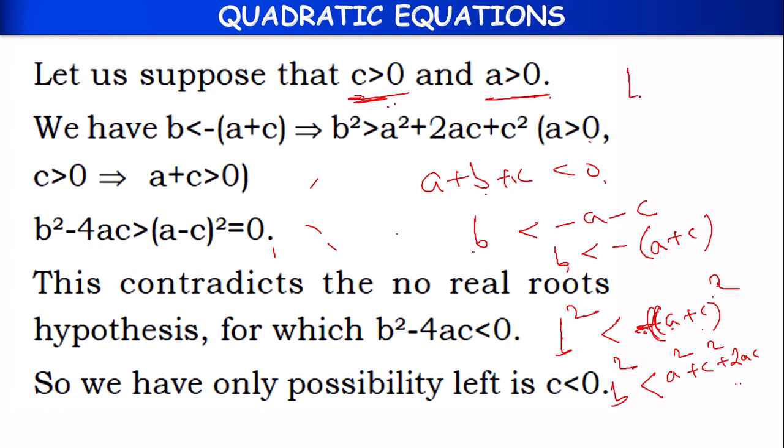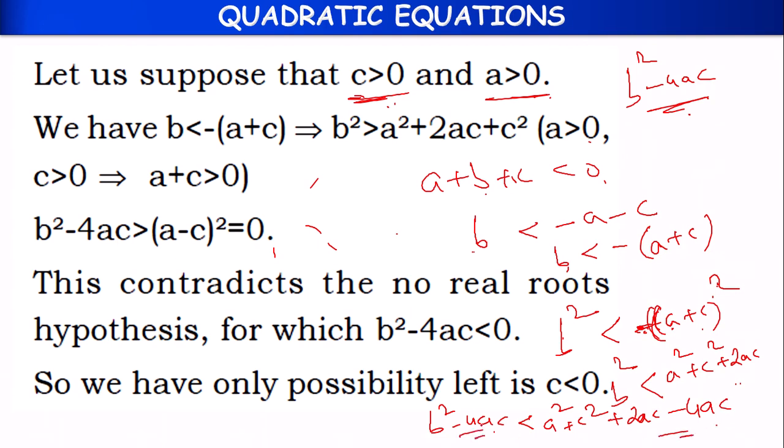Our discriminant is B square minus 4AC. We need minus 4AC on the left hand side. Without changing the value, we have to subtract on the right hand side also. Minus 4AC we have subtracted on both sides.